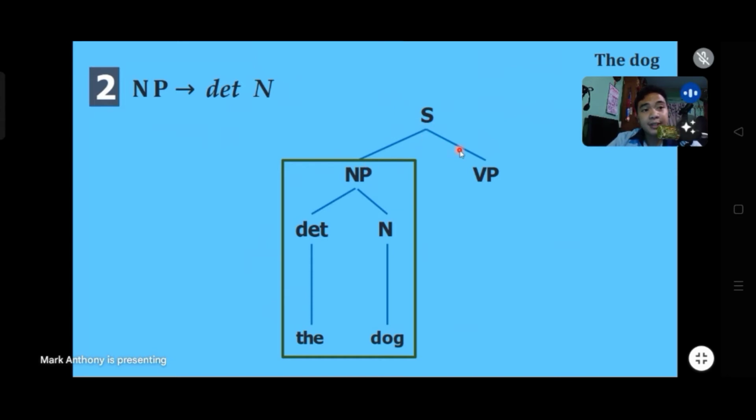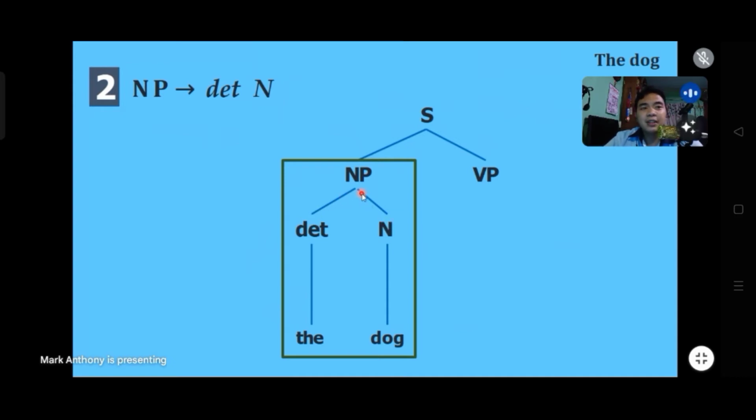However, in this case, there is no verb phrase, reminding us of the structure rule of the noun phrase. The noun phrase is divided into two sub-constituents, the determiner and the noun.